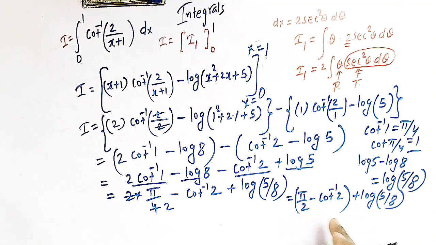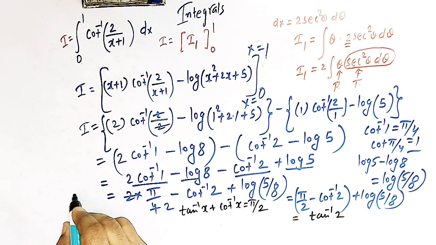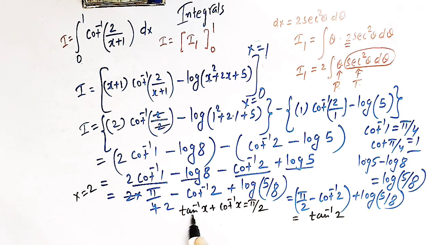So now pi by 2 minus cot inverse 2 can be replaced by tan inverse of 2, because we know that tan inverse x plus cot inverse x is equal to pi by 2. This is an important identity in inverse trigonometric functions.